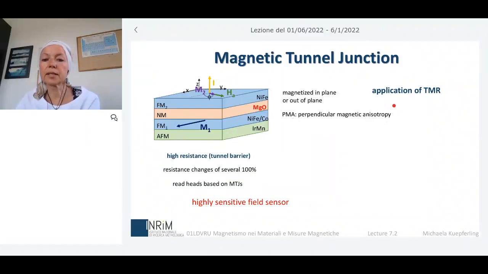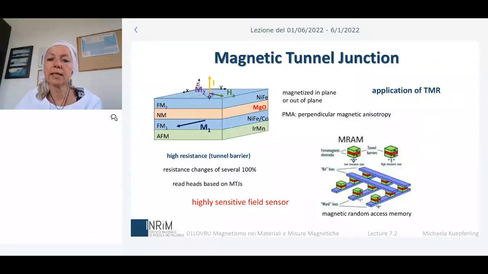Another step that people did is now to use not in-plane magnetization, but to use perpendicular magnetization, because this gives you another advantage, let's say, in dynamics. So since you saw that you might have a switching of magnetization of your ferromagnetic layers, if the dynamics is faster, then this could lead to other kinds of applications.